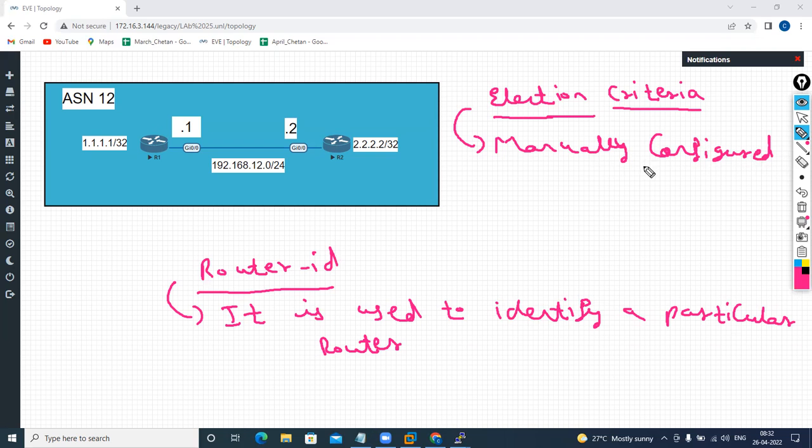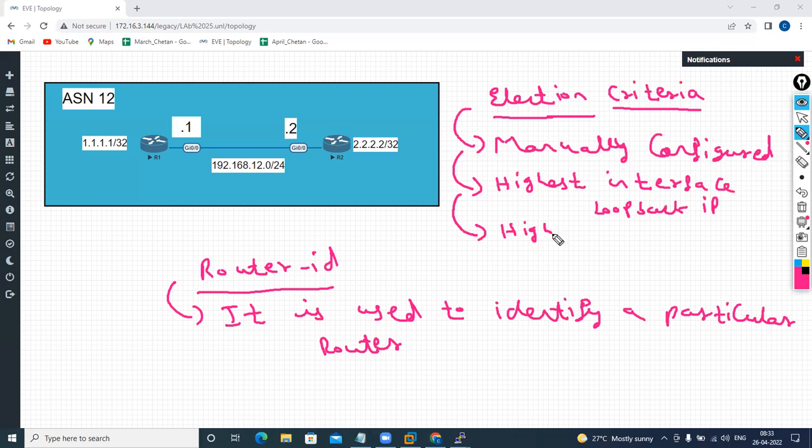If it is not manually configured, then it will check the highest loopback interface IP. If loopback is also not configured, then it will take the highest interface IP address. This is how your router ID is elected on a particular router.